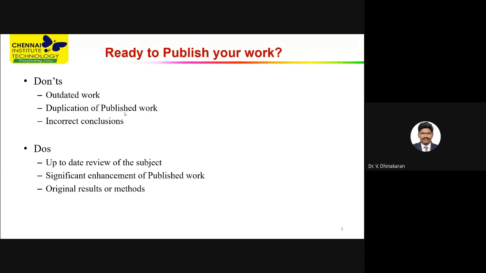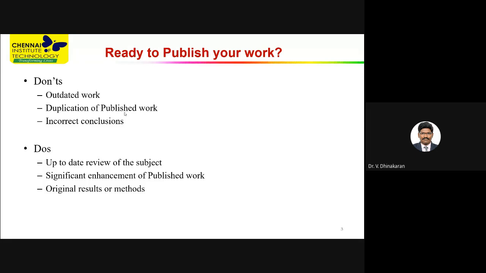Then you should not publish duplication of other works. A lot of work might have been carried out by previous researchers, and you should not copy their works or repeat their experiments. For that, the literature review will be highly useful. You should do a thorough literature review.